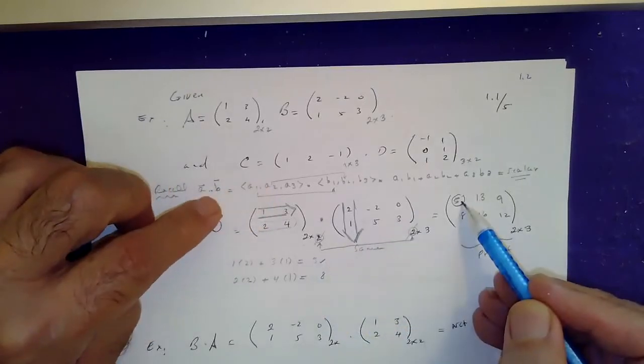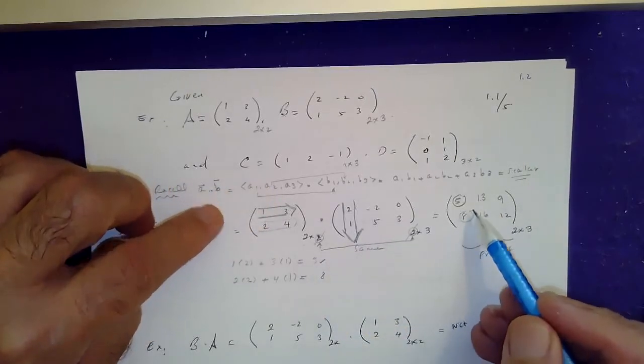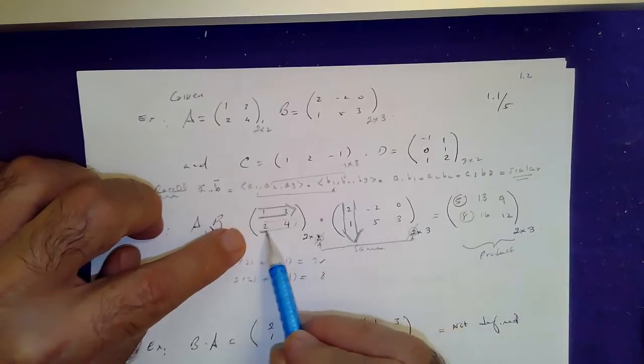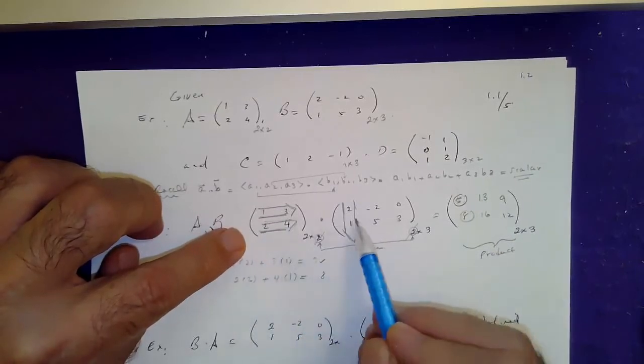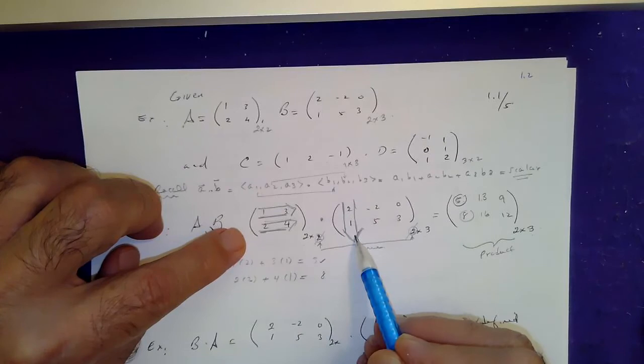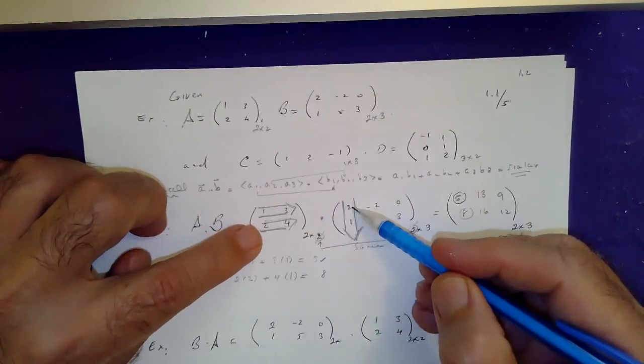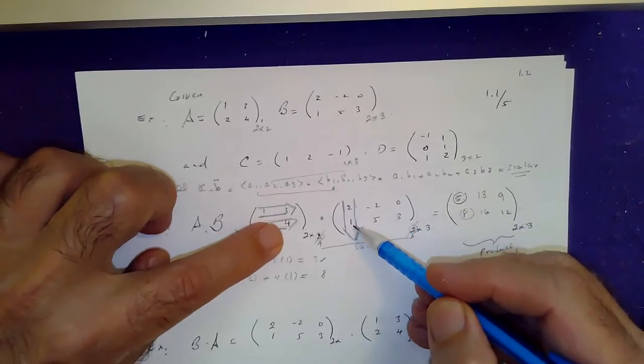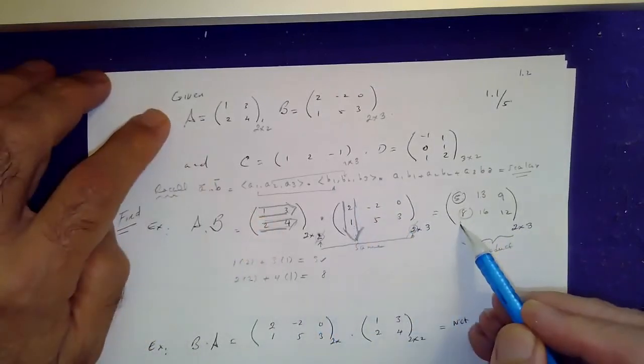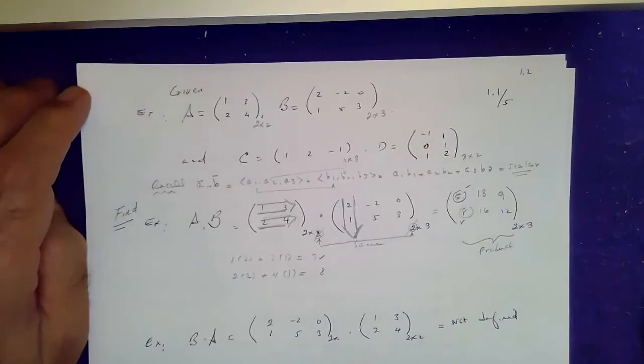Do you see it? How did I get 8? Well, I took the second row and dot producted it with the first column: 2 times 2 plus 4 times 1. That's 8. That's how I got that. And so on and so forth.